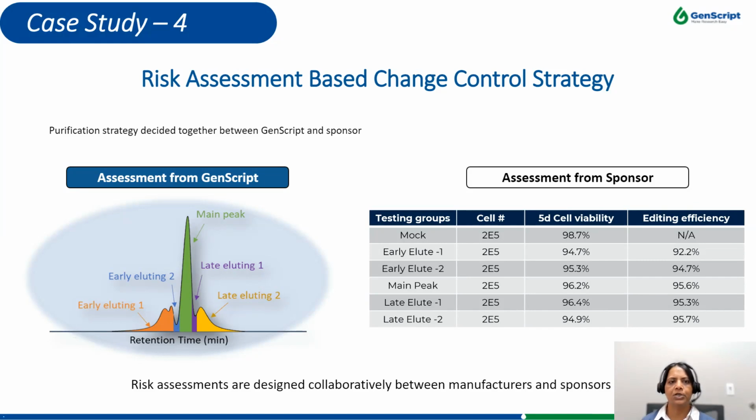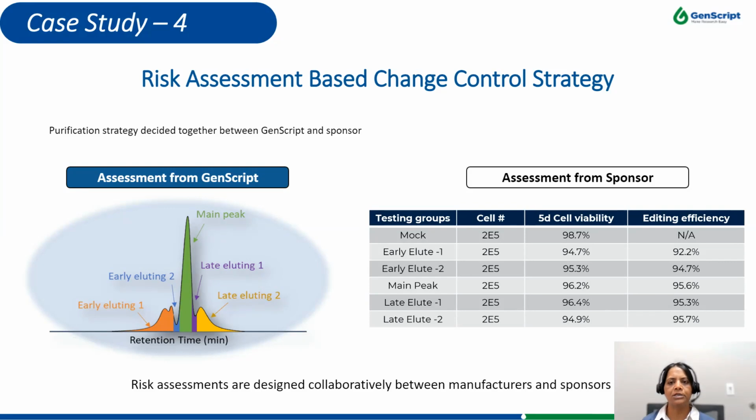We collected eluent during the purification process to investigate which eluent might be more harmful to the cell or affect the editing condition. This eluent was sent to our client, who performed the risk management assessment test on different samples, including the mock group, early eluent, main peak, and late eluents.